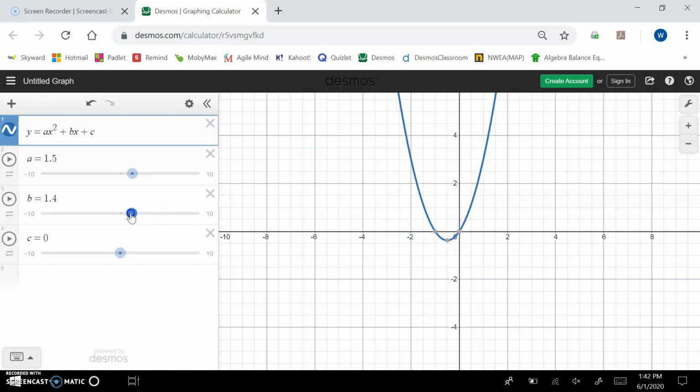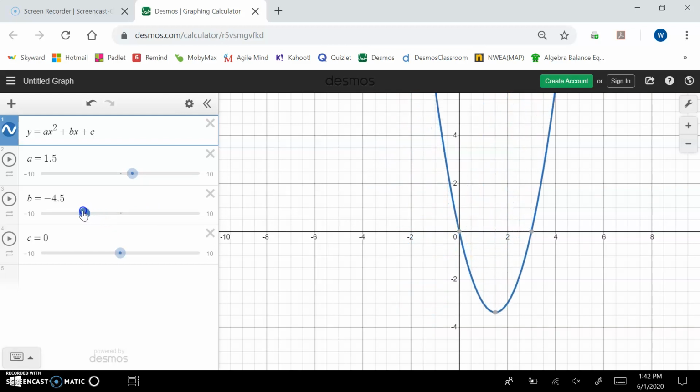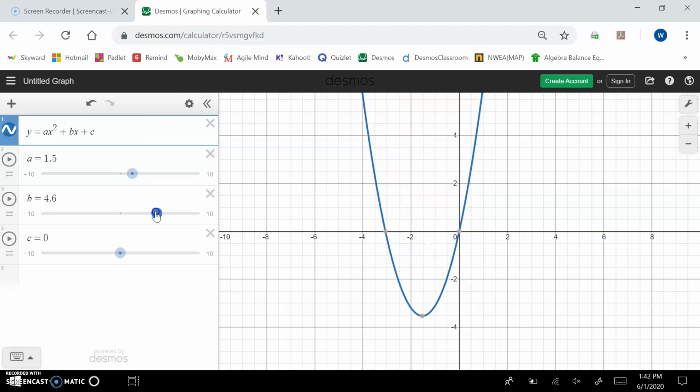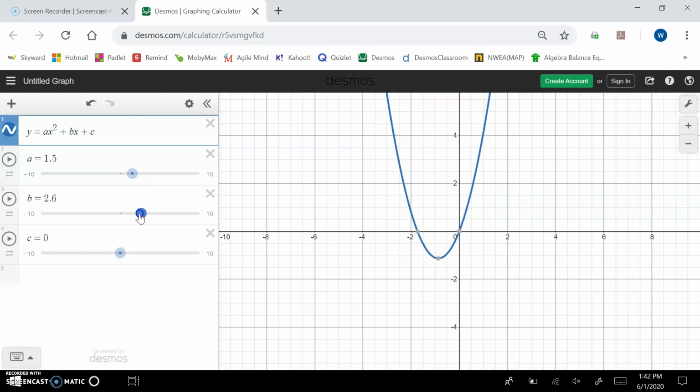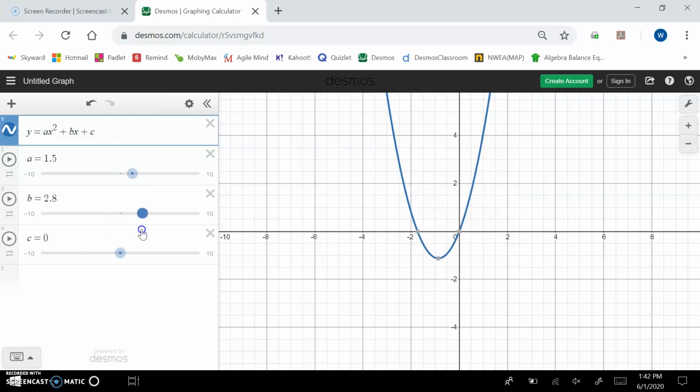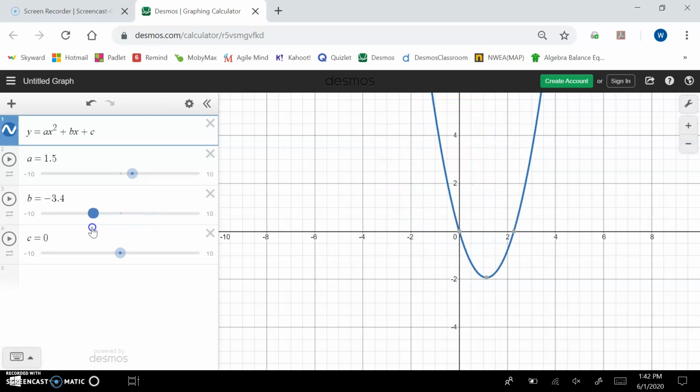If I move it the other way, the exact opposite happens. So it moves to the right and down, keeping its same shape. Remember, if my c value in this case is 0, that still means that it has to go through 0 when x is 0. So it still has the same y-intercept. It's just changing where the vertex is.